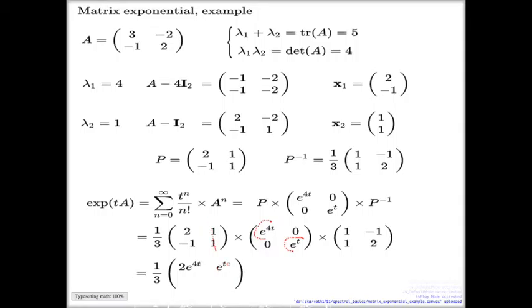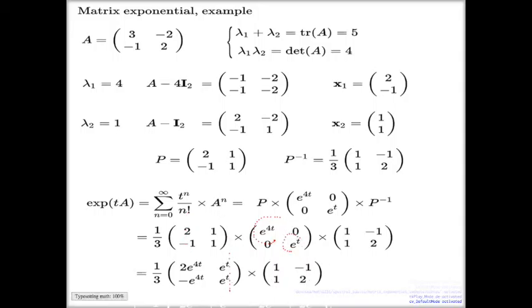Here it is. See, first column multiplied by this exponential, second column by this exponential. The last factor, I just copied it. Now the last matrix is the only matrix multiplication which requires the full algorithm of matrix multiplication.